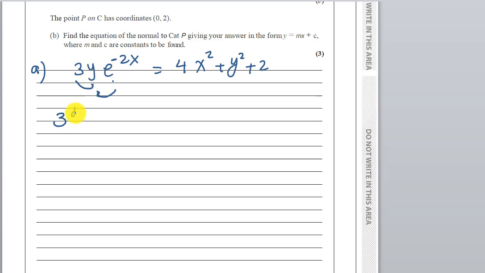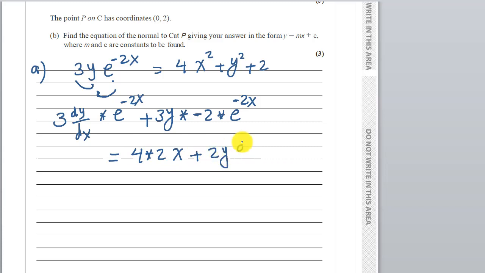So 3 dy by dx multiplied by e to the power minus 2x plus the first part 3y multiplied by minus 2, the differentiation of e to the power minus 2x multiplied by e to the power minus 2x. This part was equal to 4 multiplied by 2x plus 2y dy by dx.